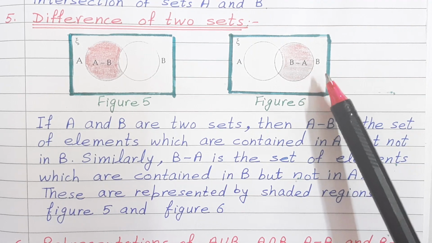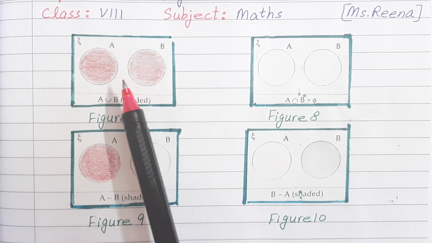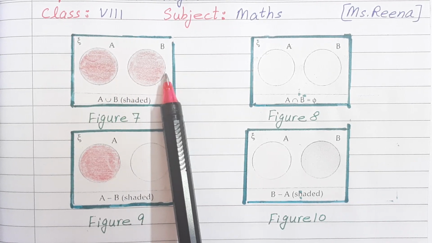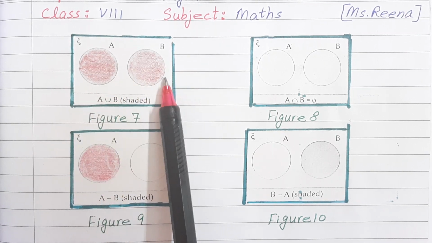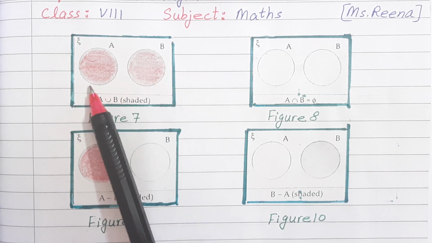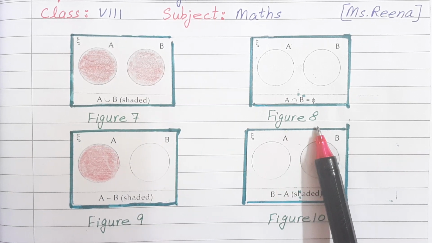Now children, when A and B are disjoint sets, in that case, for A union B, we will shade them separately. We will not join the two circles because these two sets are disjoint sets. Now see figure number 8.